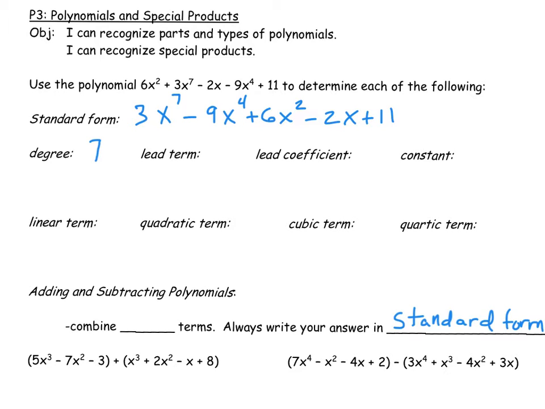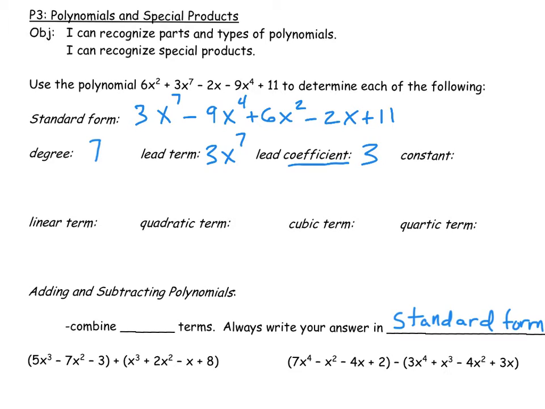The leading term, there you would include the variable and the coefficient, which would be 3x to the 7th. The lead coefficient is just that number in front of the term with the highest power. That would just be 3, okay? Anytime you hear that term coefficient, that's talking about the numbers that are in front of the x's.